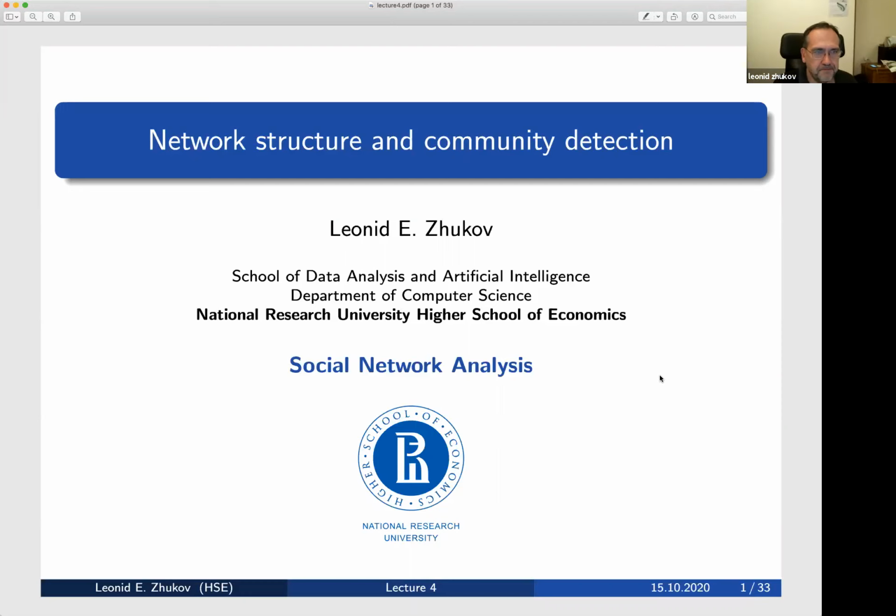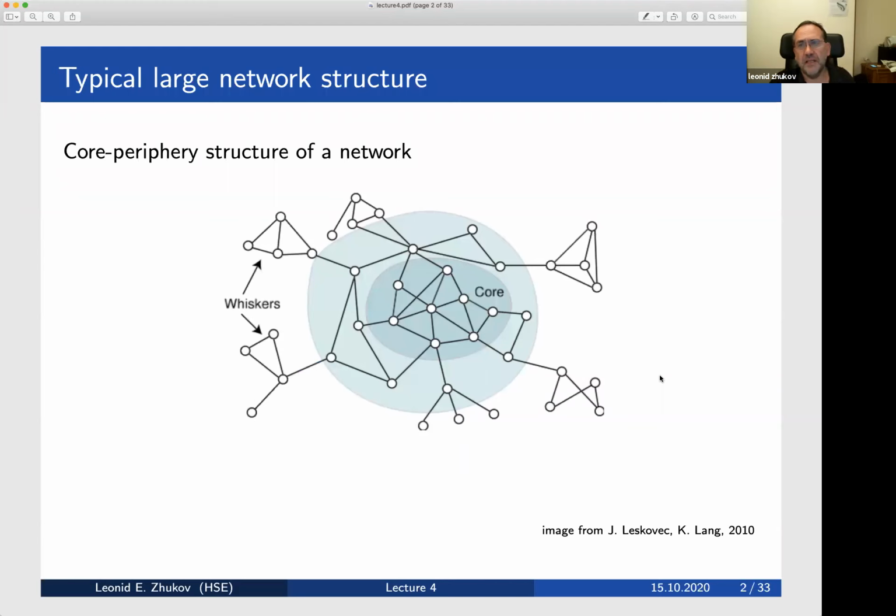So to get started, when we look at large networks, they usually have a very typical structure, which can be defined as a core periphery structure, where there is this internal core where you have a lot of nodes connected. And then you can think about this as going in layers, and eventually you get those nodes that are lightly connected, or here on this picture they call them whiskers.